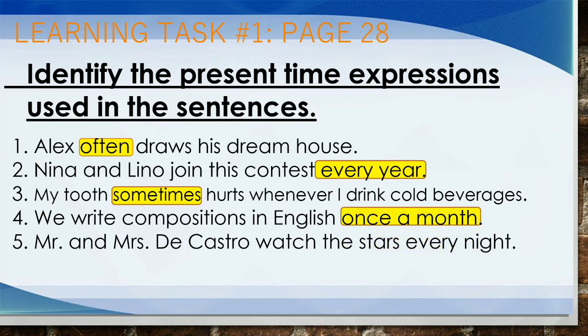Okay, check again. Last, number 5. Mr. and Mrs. De Castro watch the stars every night. What's the time expression used? Okay, very good. Every night. So, put your score on your paper.